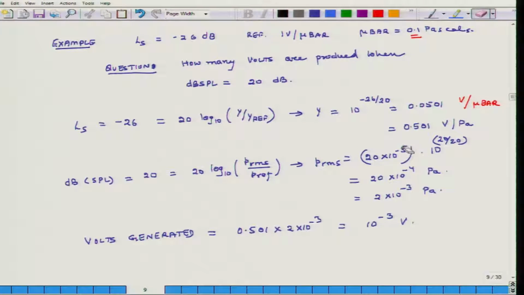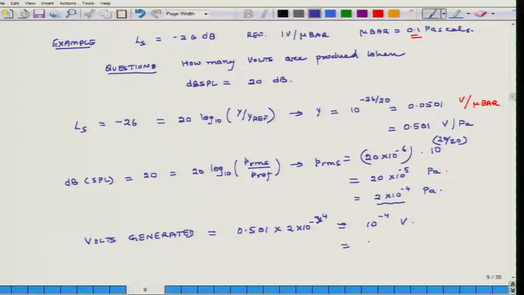So, our reference pressure is 20 micropascals or 2 into 10 to the power of minus 5. So, that becomes 20 into 10 to the power of minus 5 or 2 into 10 to the power of minus 4. So, if I multiply this number, it is 10 to the power of minus 4 volts roughly, because 2 times 0.501 is about 1.